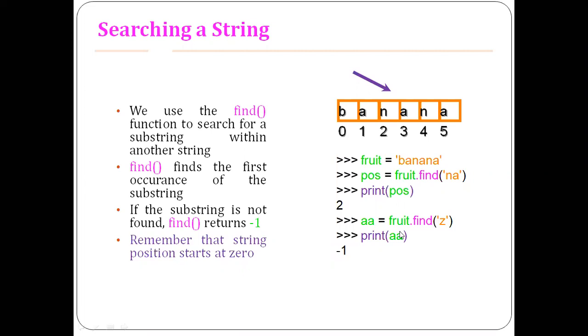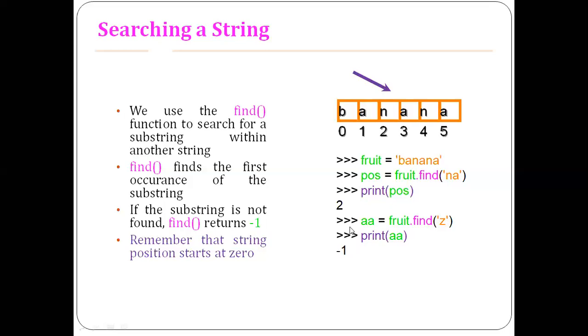And let us look at one more example. A is equal to fruit dot find z, right? I'm looking for a substring called z within the string. There is no substring called z. That's why it returns the value -1. That is, it is nothing but an unsuccessful search, or in other words, the substring has not been located within the given string.